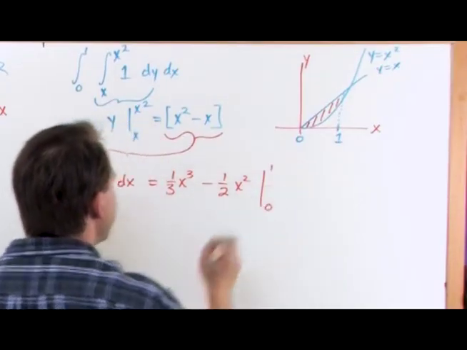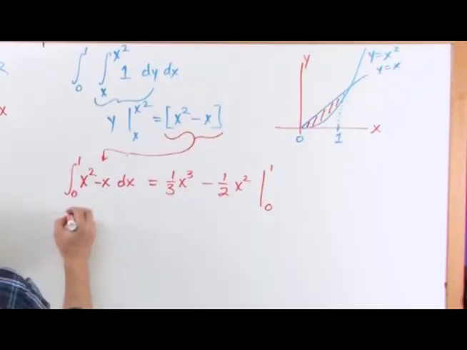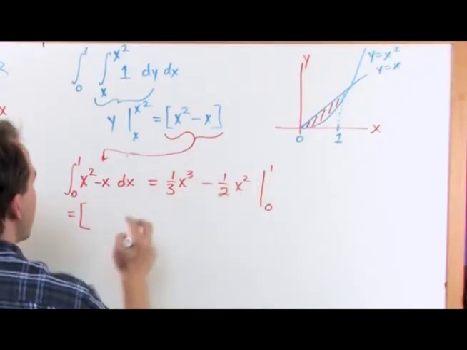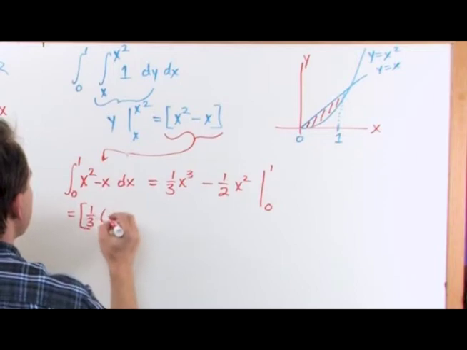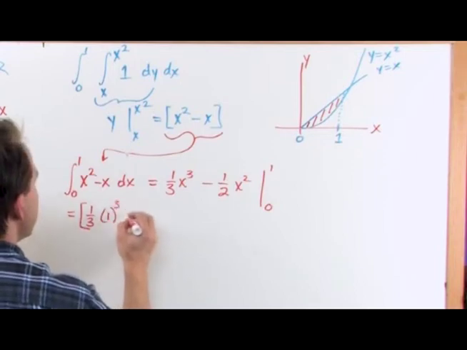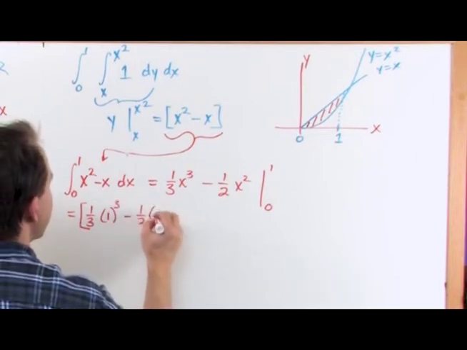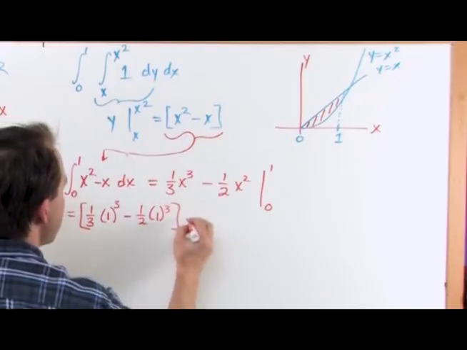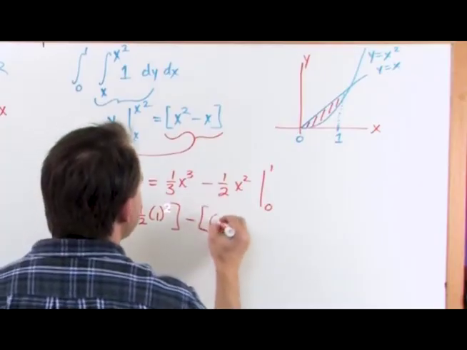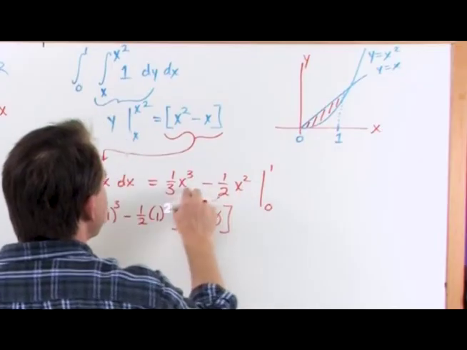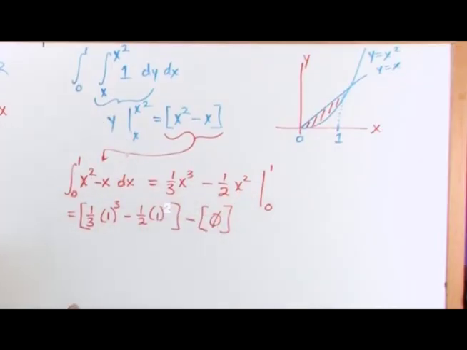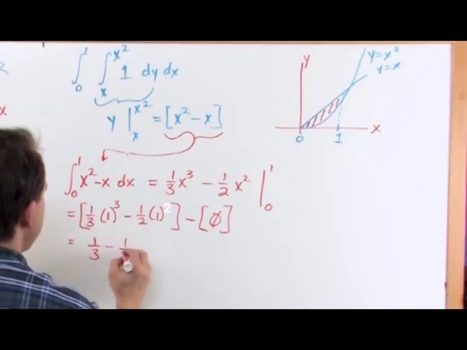X is equal to 0, x is equal to 1. And what you would get here, plugging in 1, you'd get 1/3 times 1 cubed minus 1/2 times 1 cubed minus, and inside this is going to be a big fat 0 because plugging in 0 into both of these places is just going to give me 0. So in the end, I'm going to have 1/3 minus 1/2.